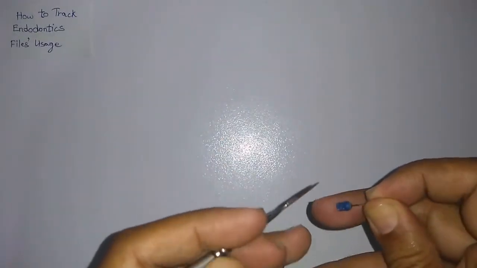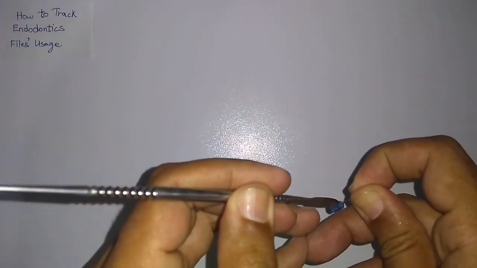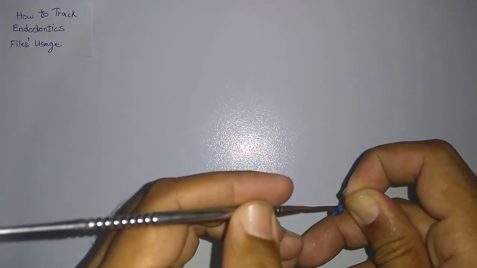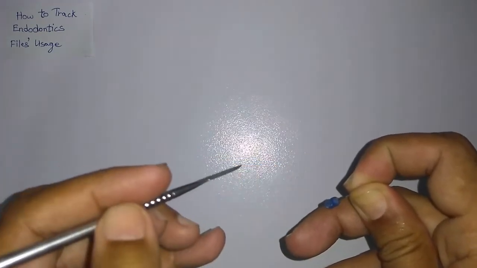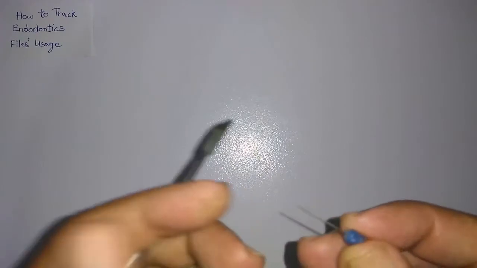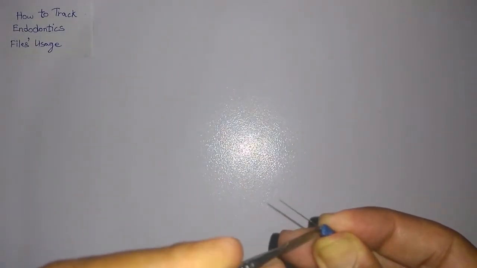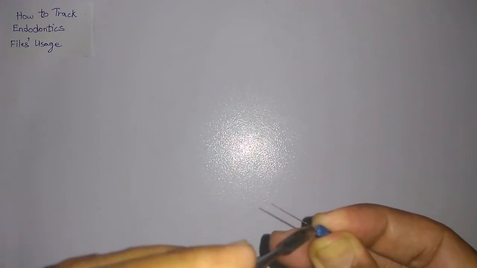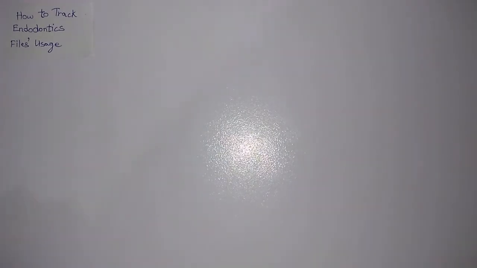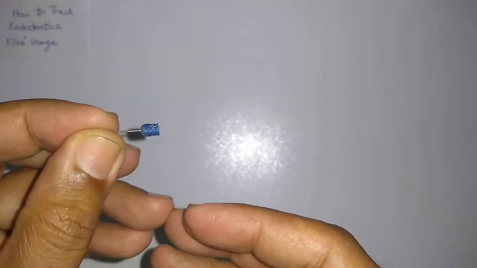Just be careful not to hurt yourself, and keep it as a small indentation, a hole here like so. And there you go. As you can see, the file now has a hole, a small hole. I'll show you another.